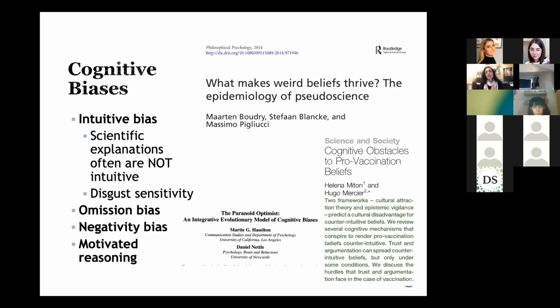Because these COVID vaccines especially are new, there's a lot of uncertainty, right? So people may choose not to take any action rather than going ahead and getting vaccinated, which is also called omission bias in the literature.